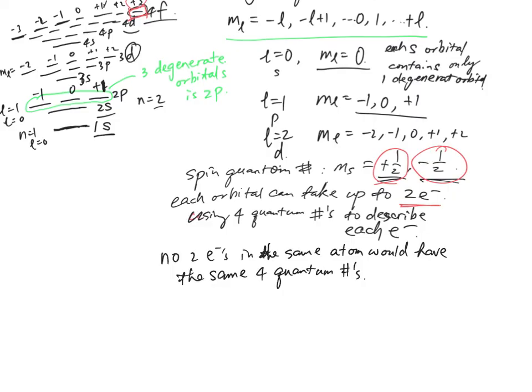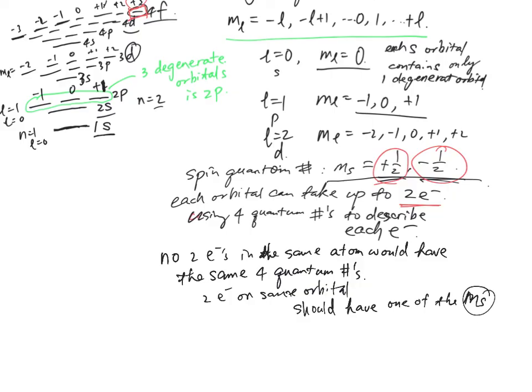Well, this is where the MS kicks in. If you have 2 electrons on the same orbital, each should have one of the MS values.